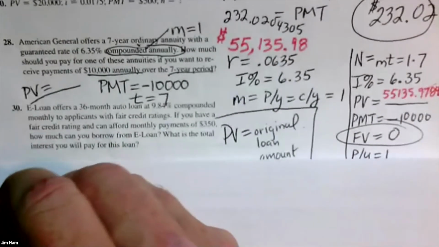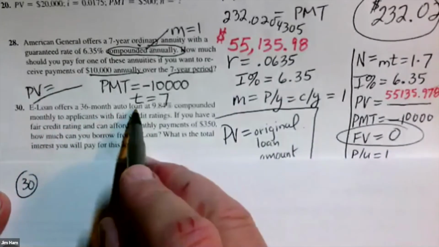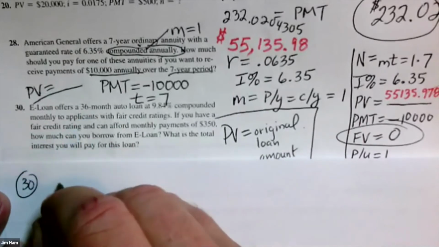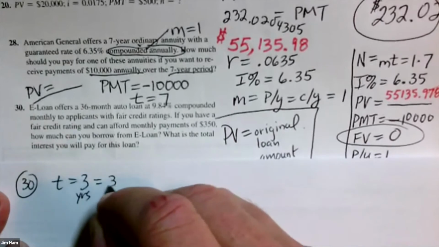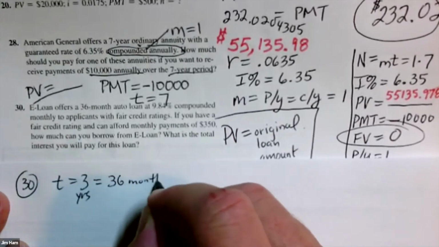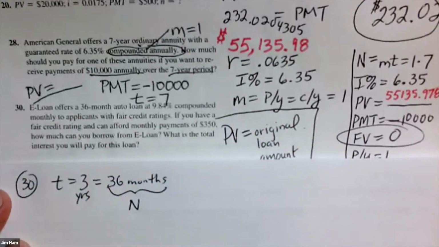And number 30, there's a 36-month auto loan. Well, we know that then T is equal to 3, because T is in years, but 36 months. So it turns out that in this problem, they gave you that capital N of the TVM solver, because capital N is the number of payments.